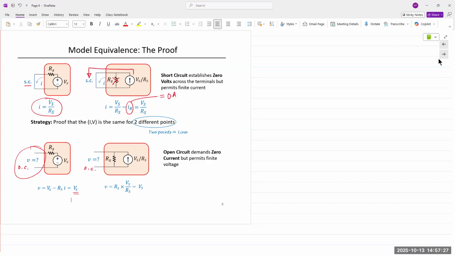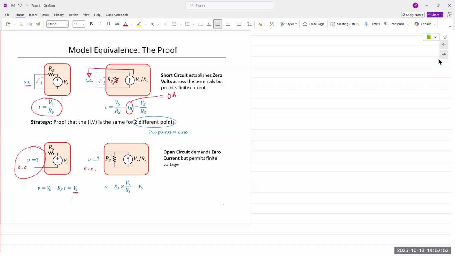I'll repeat. If we have an open circuit, any open circuit in any network, if you have a resistor that's left hanging and open, there is no current flowing through that resistor. Because there is no current flowing through that resistor, the voltage drop across that resistor is equal to 0.